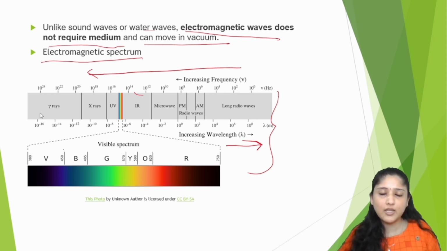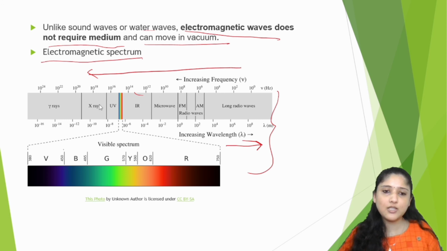Gamma rays have the highest frequency, then X-rays, then UV, visible, then IR, then microwave, then radio waves. The least frequency is for long radio waves.